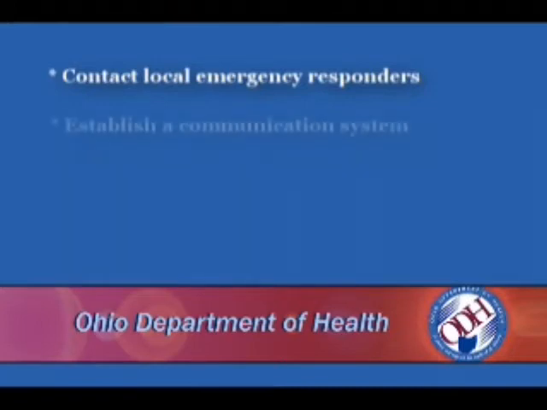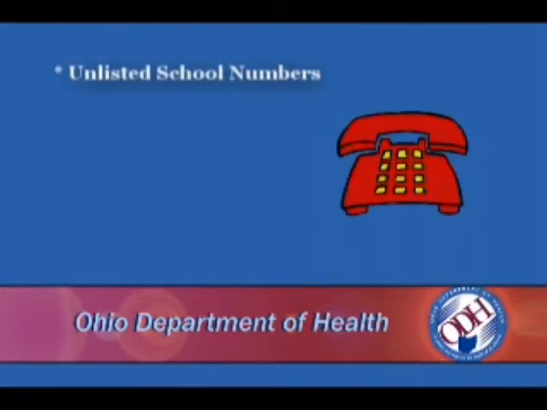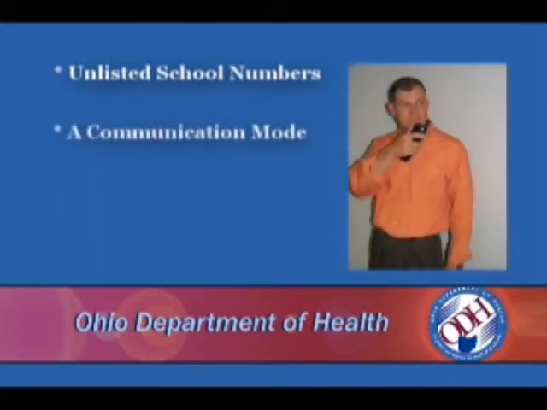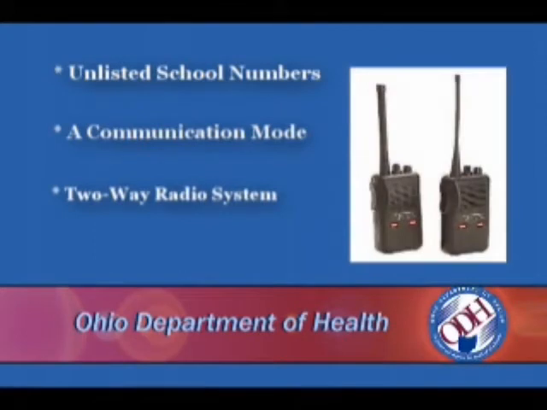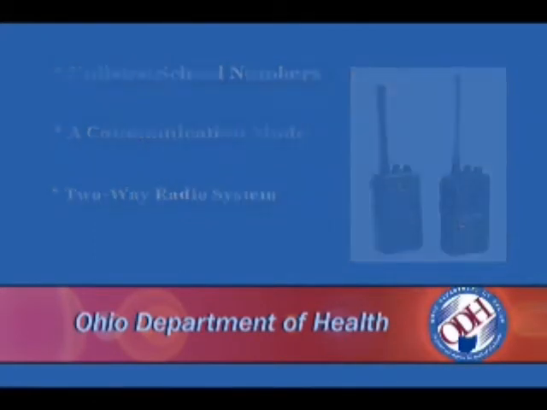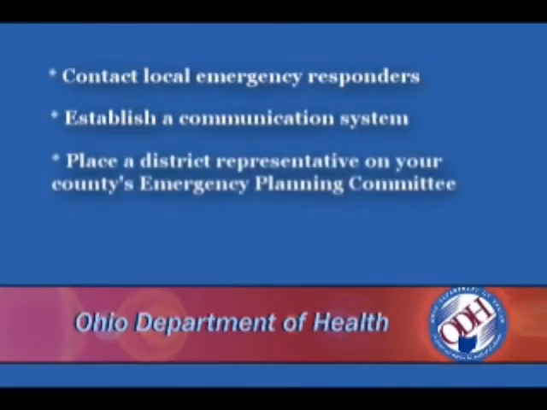Establish a communication system between first responders and each building, which should include unlisted school numbers for use in emergencies, a mode to communicate to classrooms and any remote areas, and a two-way radio system to communicate with emergency personnel. Attempt to get a district representative placed in your county's emergency planning committee.